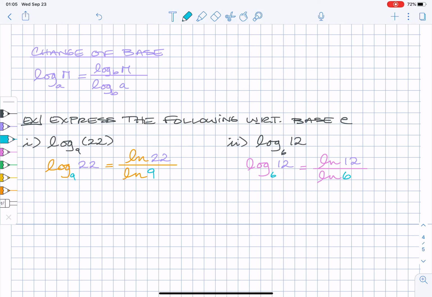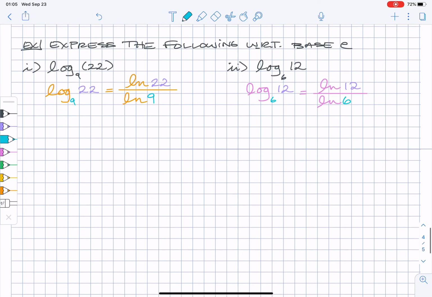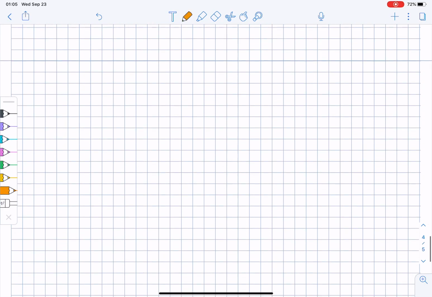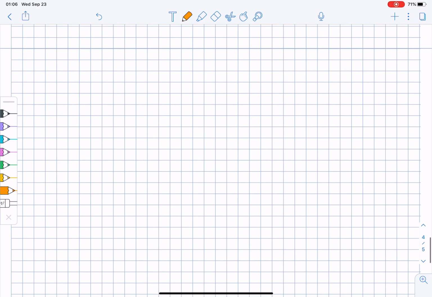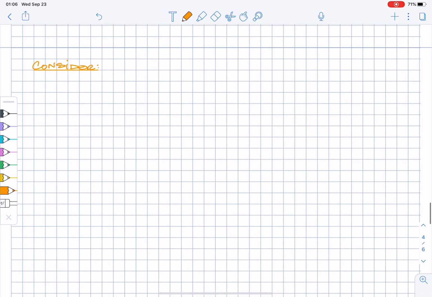Okay. So before I end, I'd like to consider some properties of log. I claim that log base a of 1 is equal to 0.